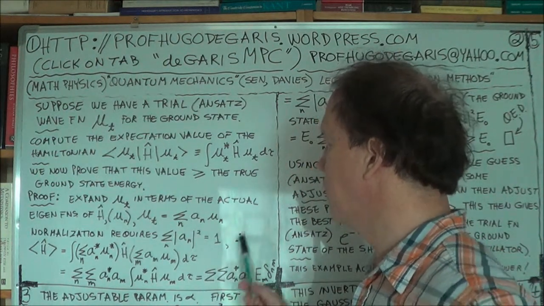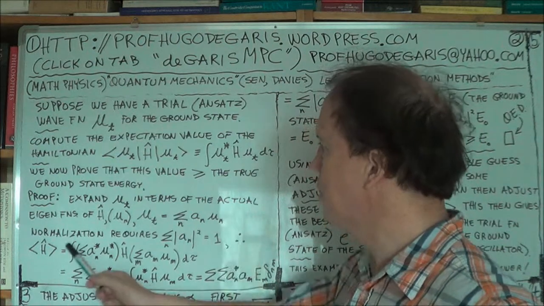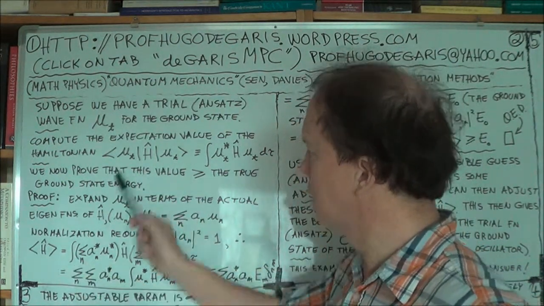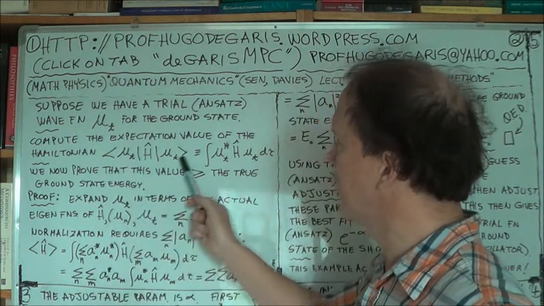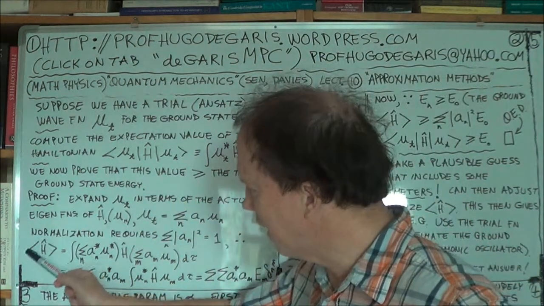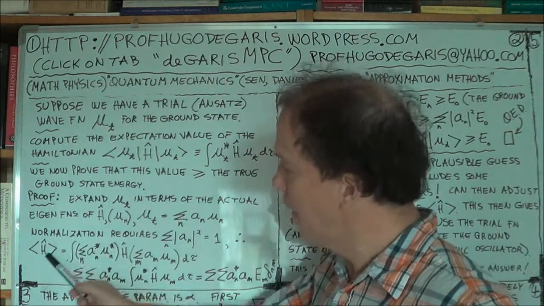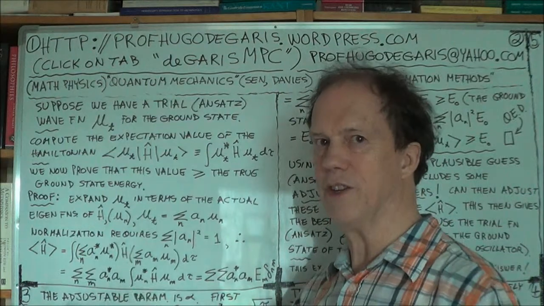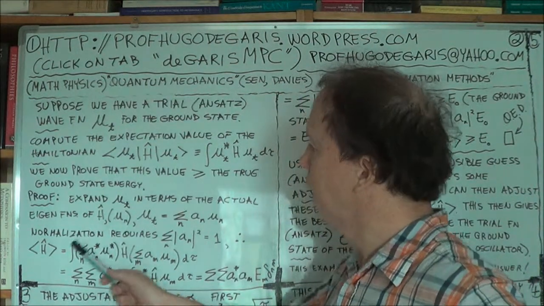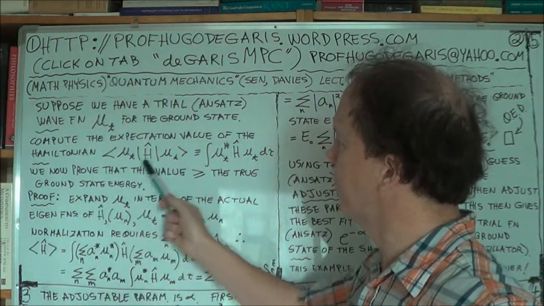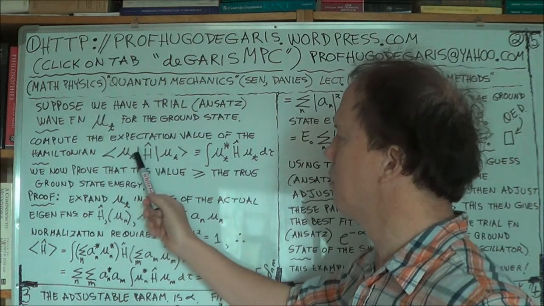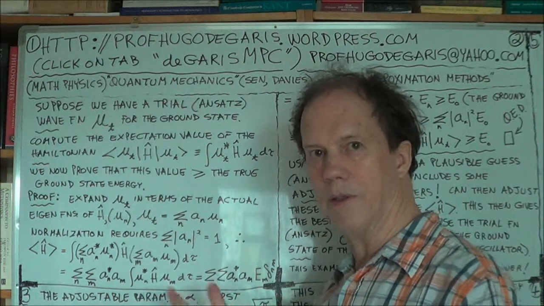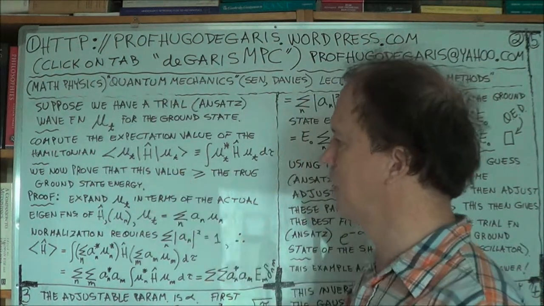Plug this into your expectation value. This angular bracket notation for the expectation value, the average measured value, is just shorthand for this. And this is your bra-ket notation from the Dirac notation. We've done that before.